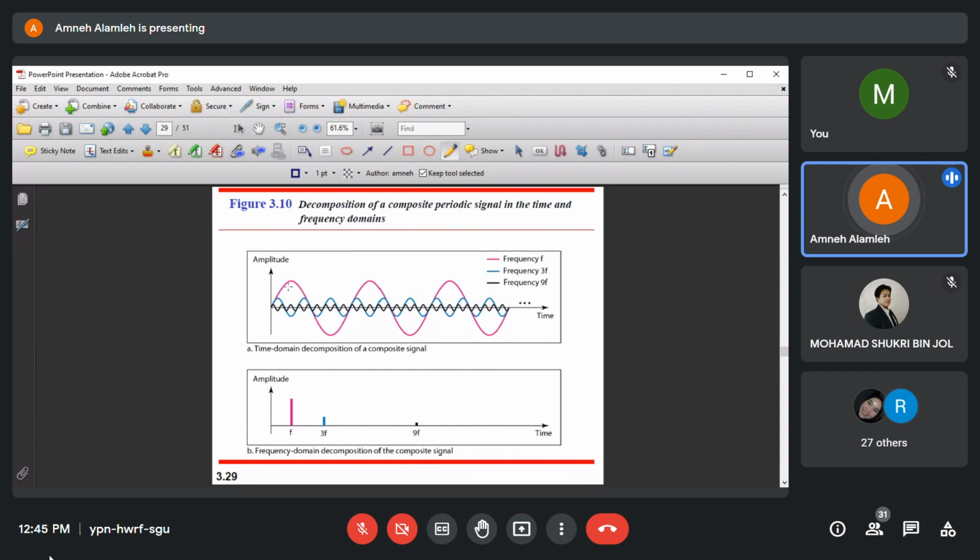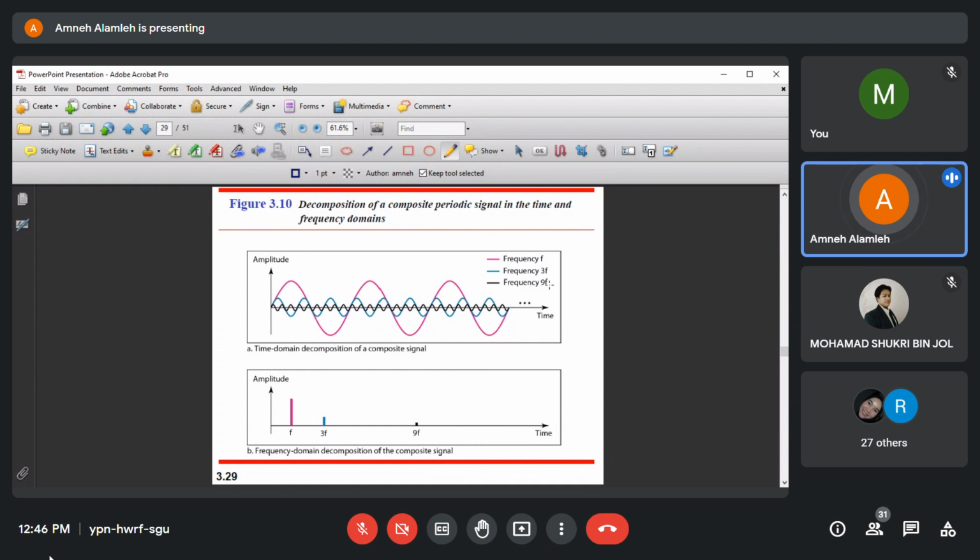In the time domain, A, time domain decomposition for a composite signal, we can see the pink wave with the frequency F, the blue one with the frequency 3F, and we understand that 3F means in one time unit there are 3 cycles of the wave.